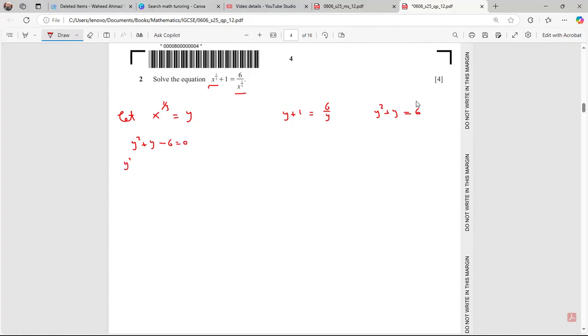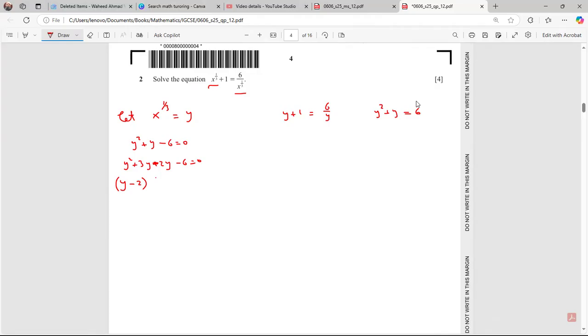And this will become y squared minus 3y plus 2y minus 6 equals 0. I hope you know what I'm doing. From the first two, I will take y common, and from the second two, I will take 2 common. Sorry, this is plus and this is minus, that's why I was confused here.